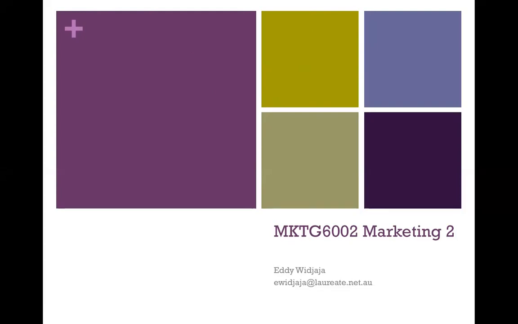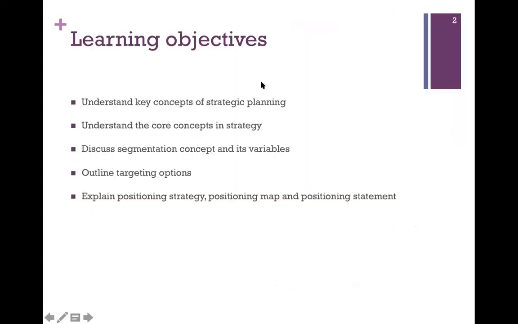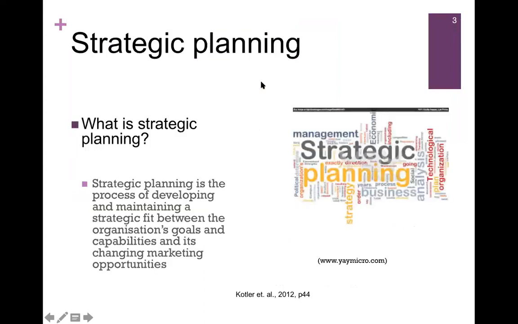Right now this is about the strategy that we are going to discuss, and just briefly about strategic planning. Strategic planning is the process where the company assesses the strategic fit between their goals and changing marketing opportunities.